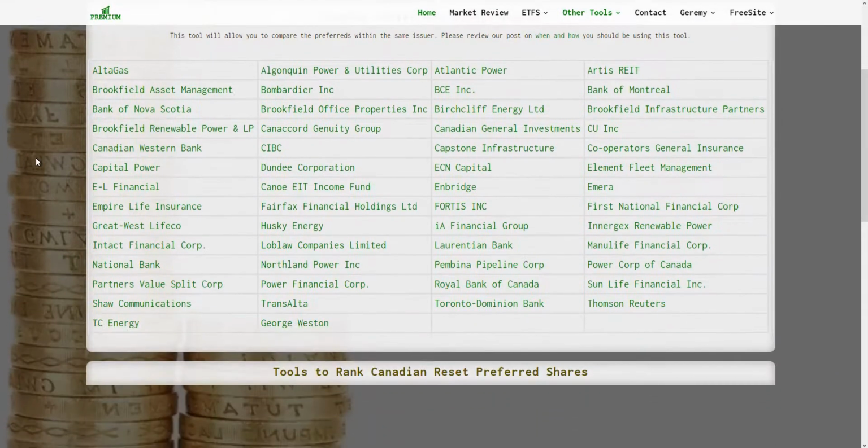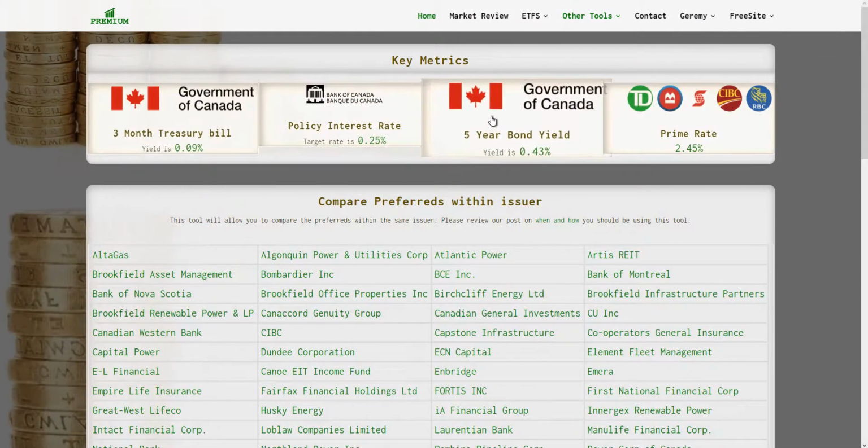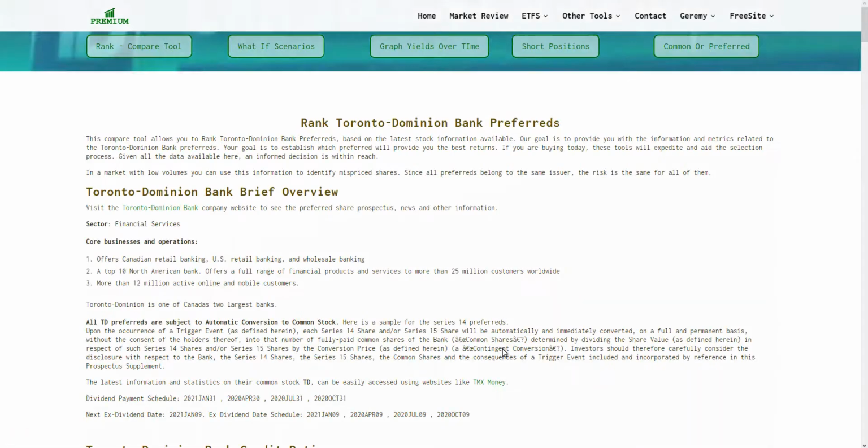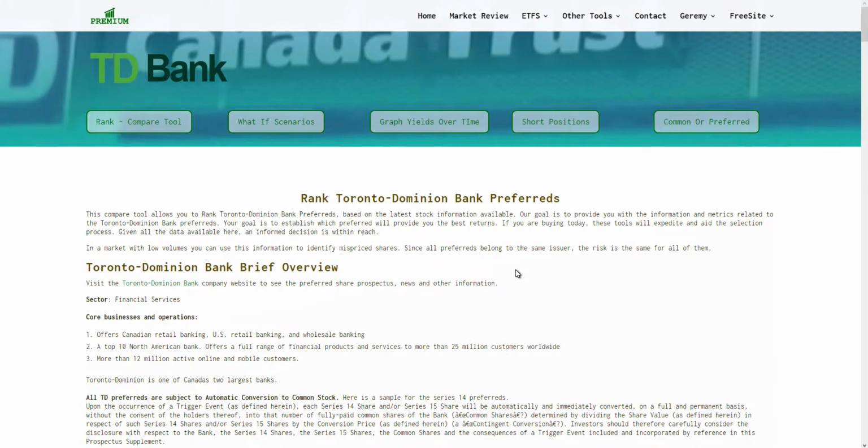Let's log into the TD ranking page. All metrics and data analytics fields shown in this page are updated daily, Monday to Friday, based on the latest market data for TD. Notice the navigation buttons at the top of the page.